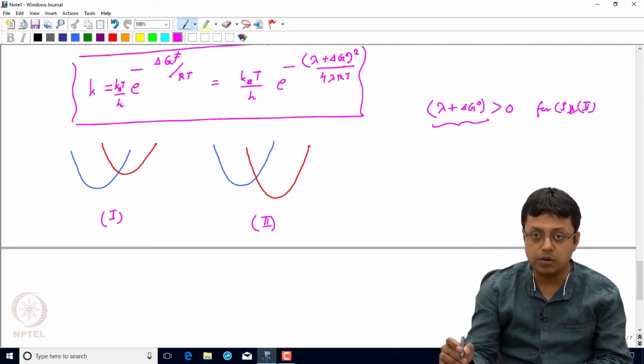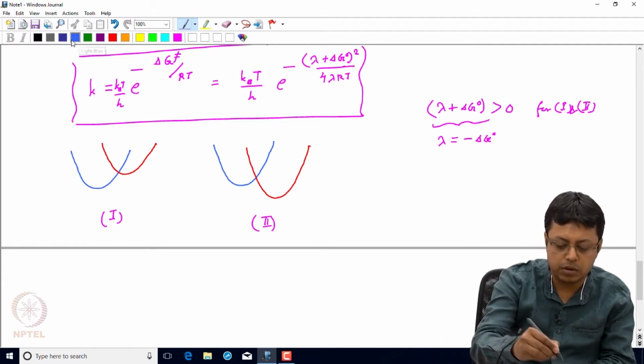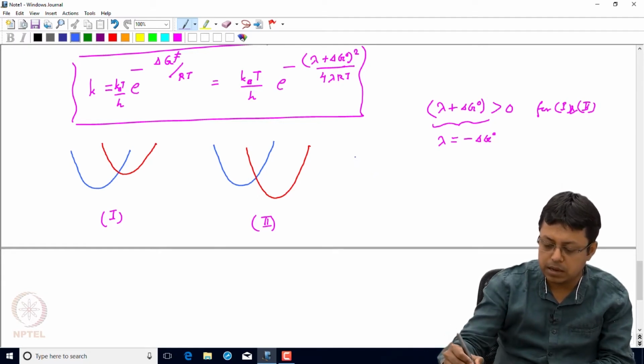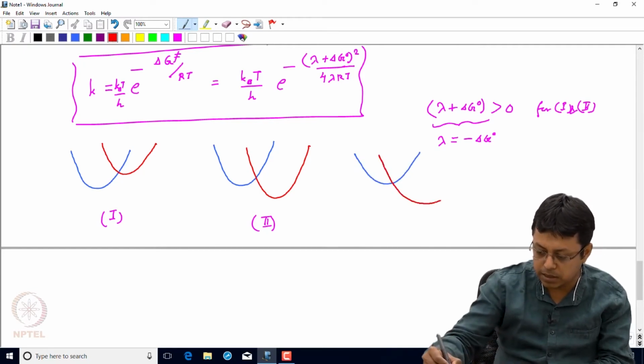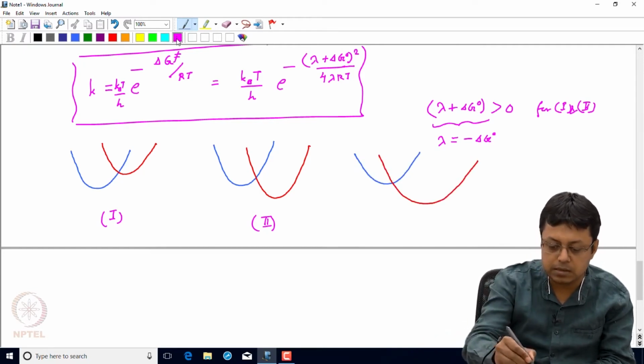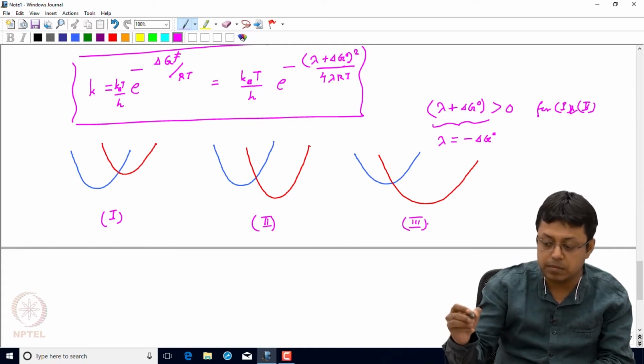Now the reaction rate will become maximum when this lambda is perfectly balancing the delta G0. In that case, if I want to draw the parabola, it will be something like this. I have a donor parabola and I have the acceptor parabola right here. Now you can see this is situation 3 where I have the maximum rate.